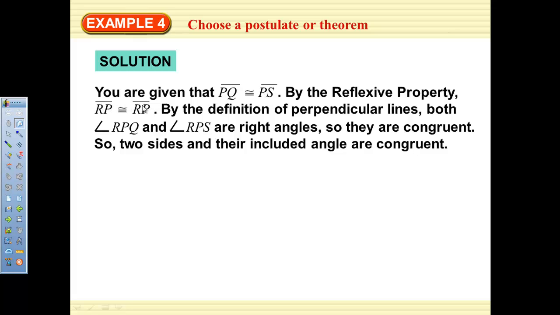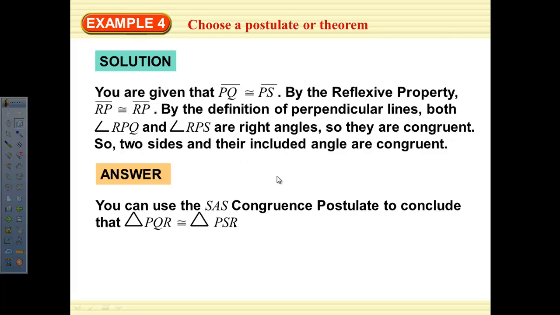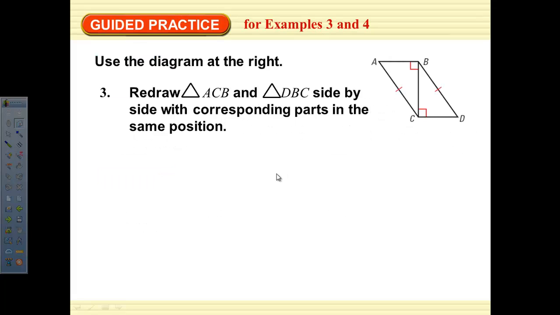Reflexive property tells us RP is congruent to RP, and then because of the definition of perpendicular lines, we know RPQ and RPS are right angles, and they are congruent. So we have two sides and the included angle. That would be side angle side.